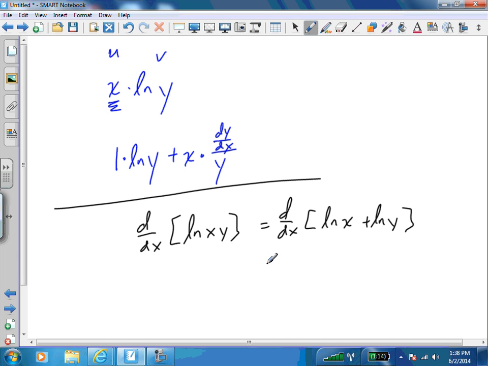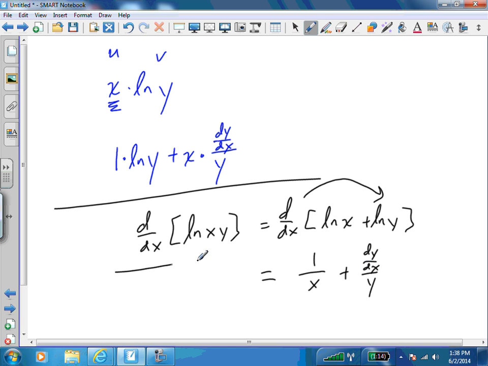But if we break that up, the derivative of natural log x is what? x goes on bottom, its derivative on top. The derivative of natural log y goes on bottom, its derivative on top. Since the variables don't match, what goes on top then? dy over dx.